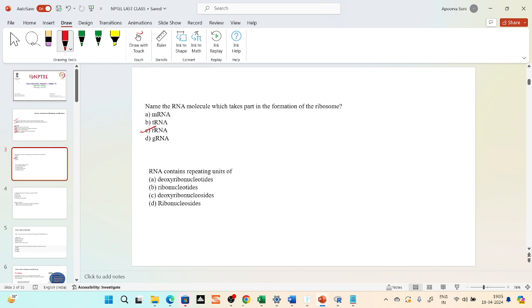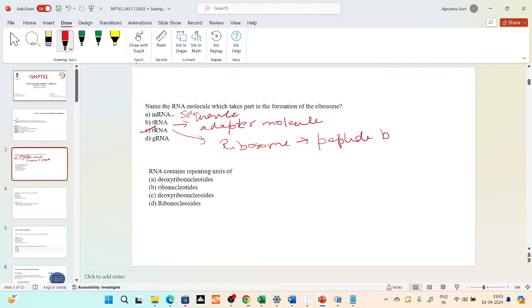That is the role of mRNA. tRNA serves as an adapter molecule, and rRNA takes part in the ribosome, which is involved in peptide bond formation, and it is also involved in the formation of the ribosome. So it is rRNA.